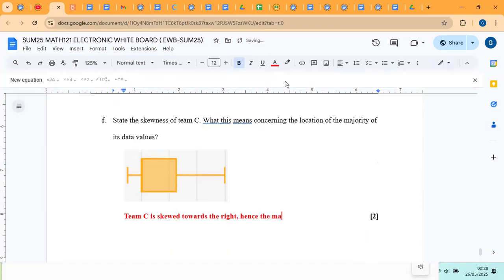Hence, the majority of its values are on the lower end of its scale. Okay, the lower end of the scale.